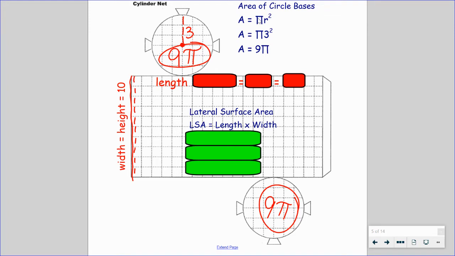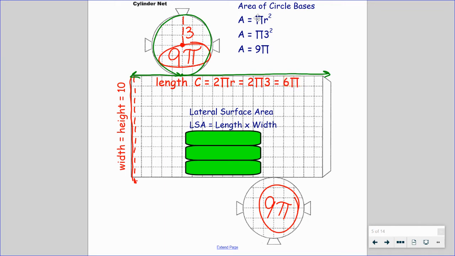But now what do we know about the length? Because this length ended up being the circumference of this circle all the way around, we're going to multiply 2 times pi times the radius, and we already mentioned that the radius of that circle was 3 units. 2 times pi times 3 is 6 pi.